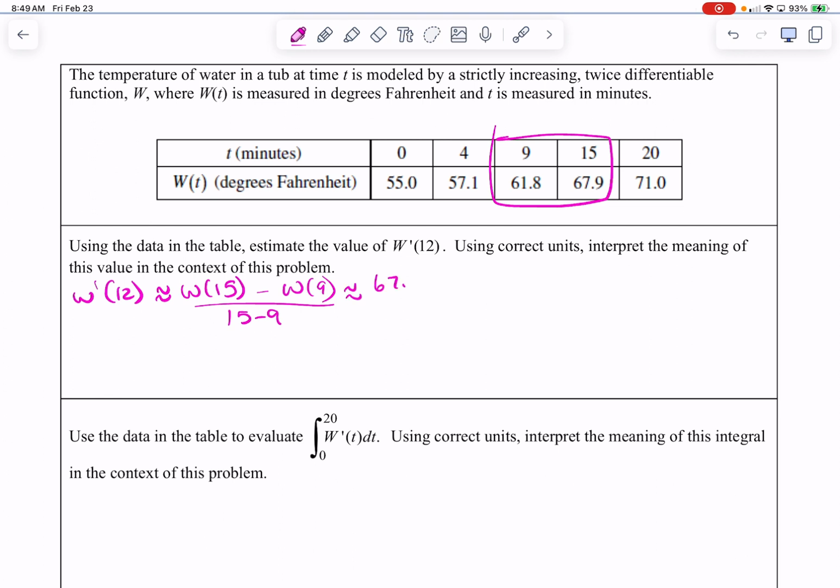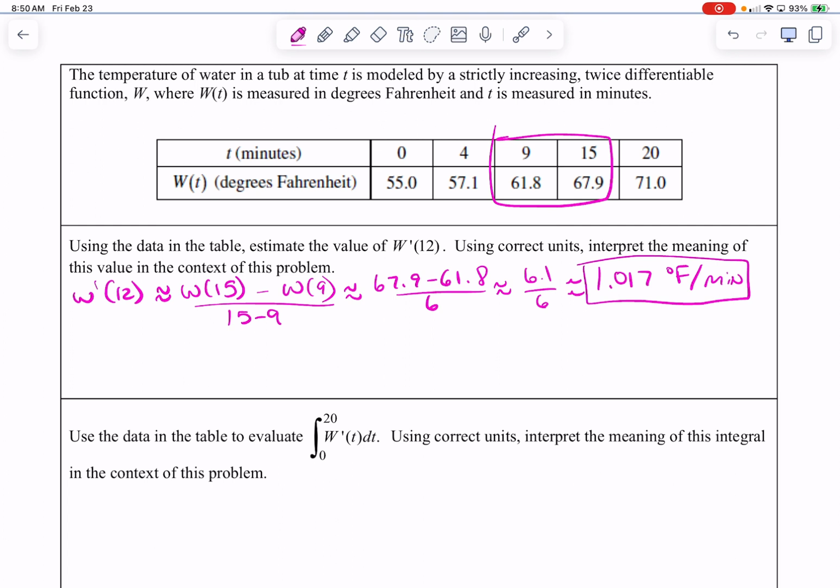So 67.9 minus 61.8 over 6, which is 6.1 over 6, which is approximately 1.017 degrees Fahrenheit per minute, right?